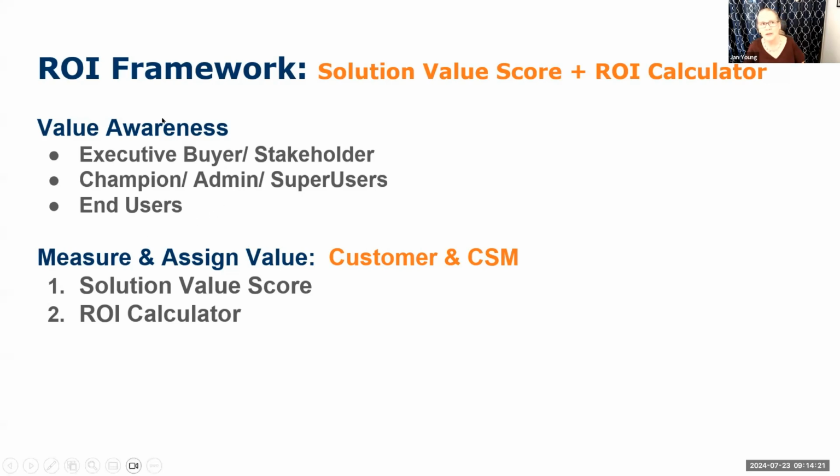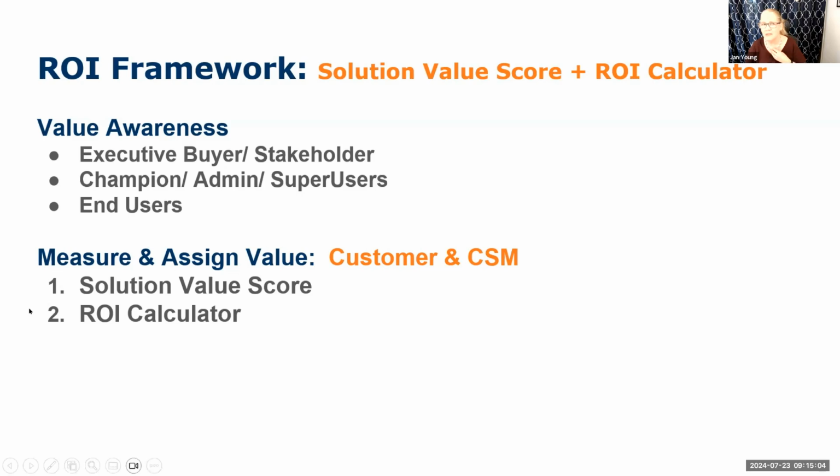So the first thing we thought about for the solution value score was value awareness, to measure it for the executive buyer and stakeholders, your champion or the admin, your super users versus your end users, really thinking about them in these different buckets, because they may have different perspectives based upon if they're using your product every day, if they're using it in a different way, if they're the admin on your product, or maybe they're not using your product at all, or using it only infrequently, and not as engaged, and yet they're the decision maker, right?